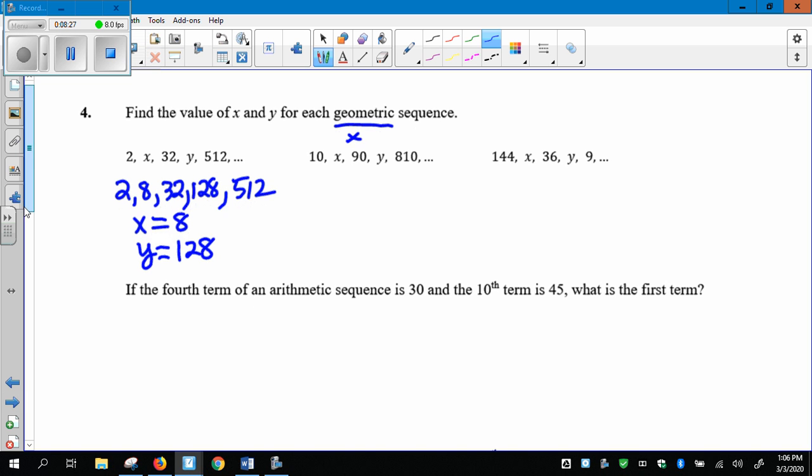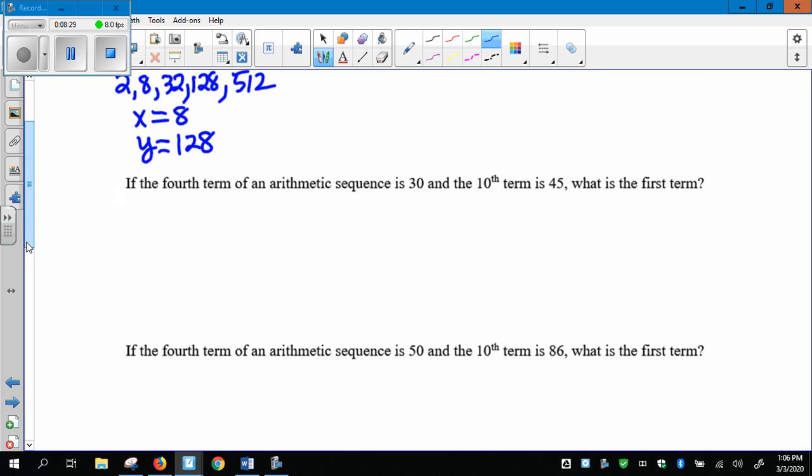All right. Let's do one more problem. It says if the 4th term of an arithmetic sequence is 30 and the 10th term is 45, what is the first term? Well, remember that the term number is your input. So the 4th term is 30. The 10th term is 45.